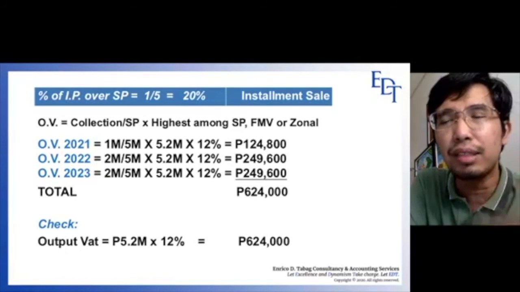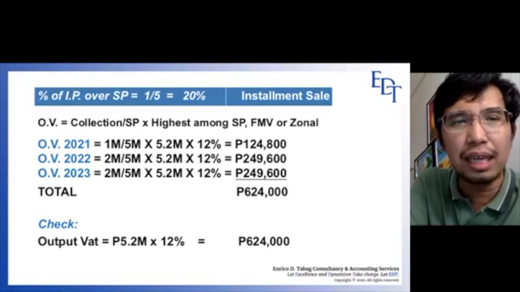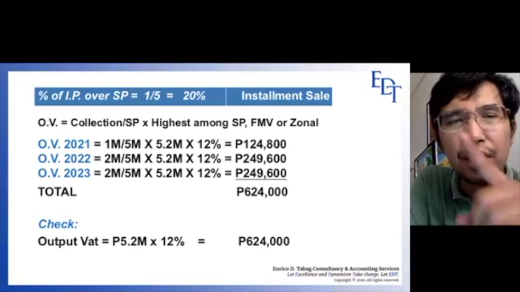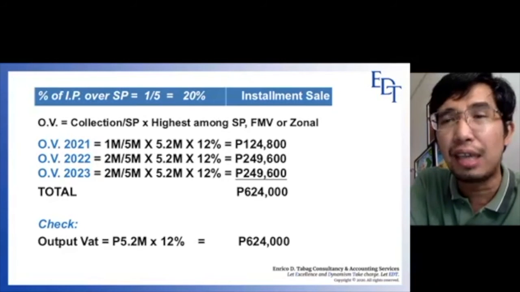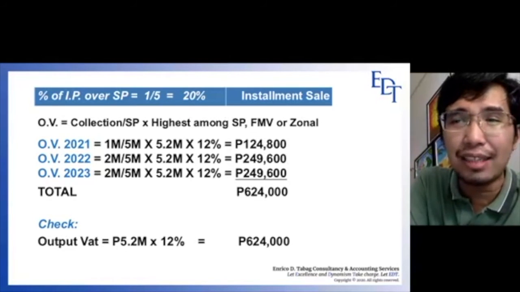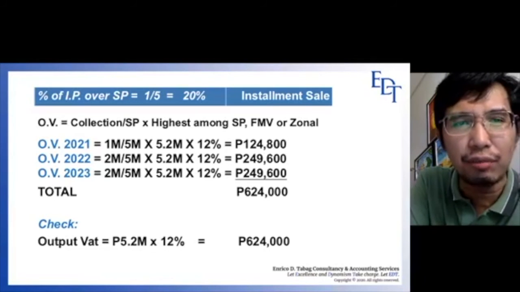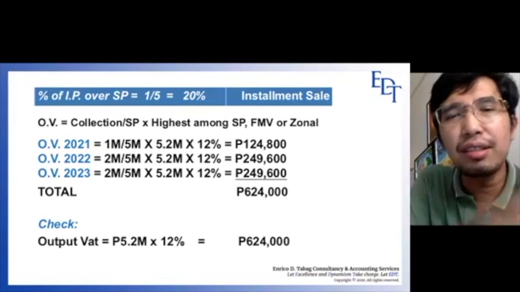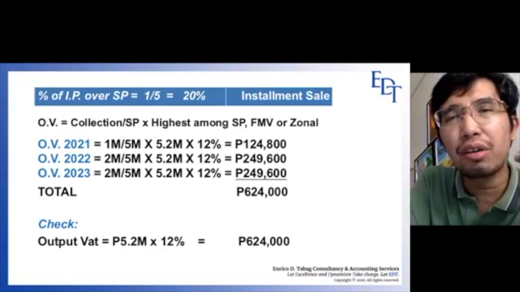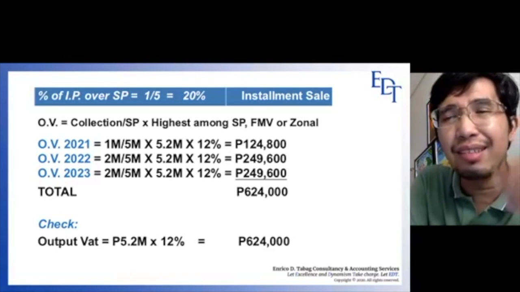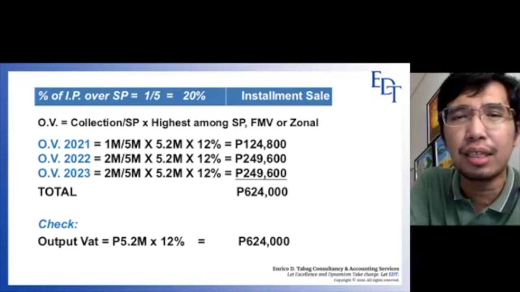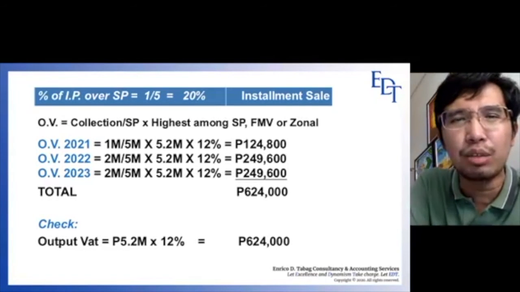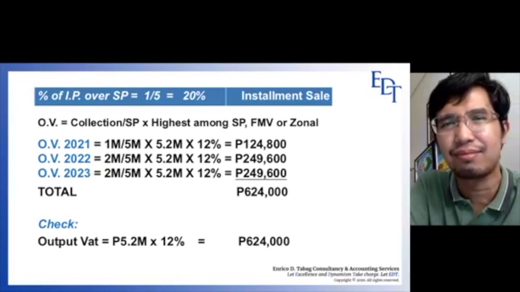So, dahil pasok sa installment sale, ganito mangyayari. 1 million as your initial payment, over 5 million as your selling price, di ba? Times the highest amount is 5.2, di ba? So, times 5.2 million times 12%. So, instead of paying or reporting the entire 624,000 na output VAT sa year 2021, ang i-report lang natin 124,800.